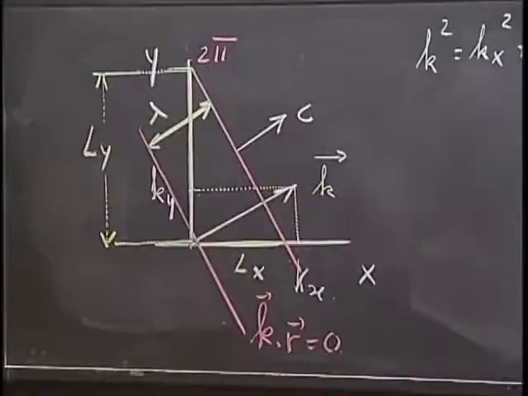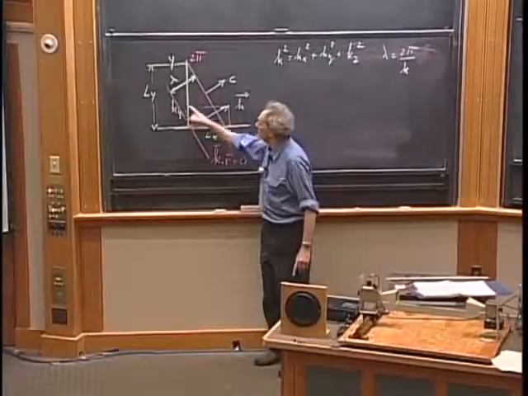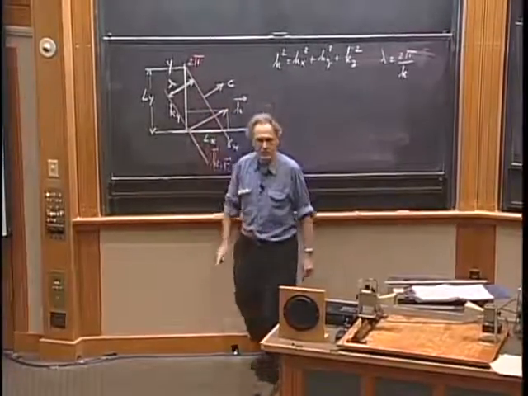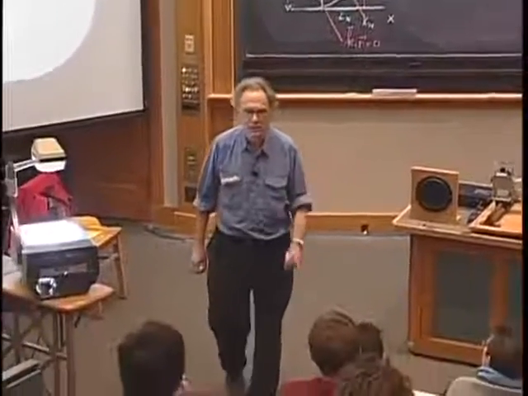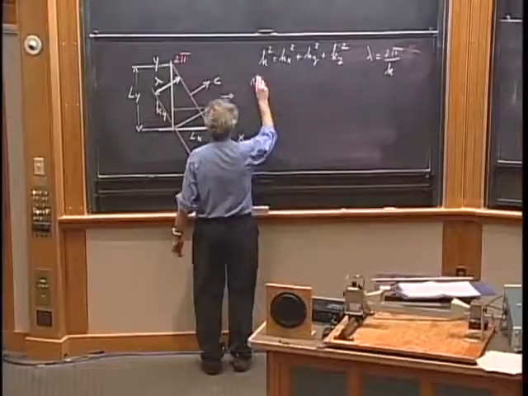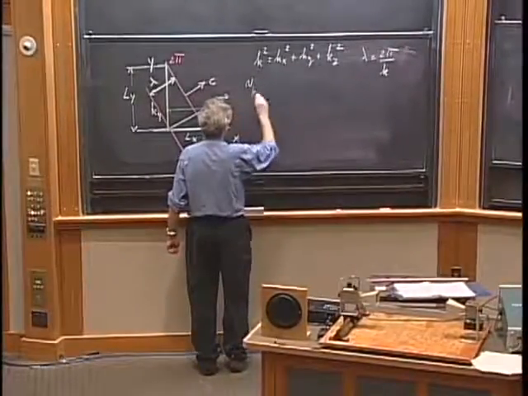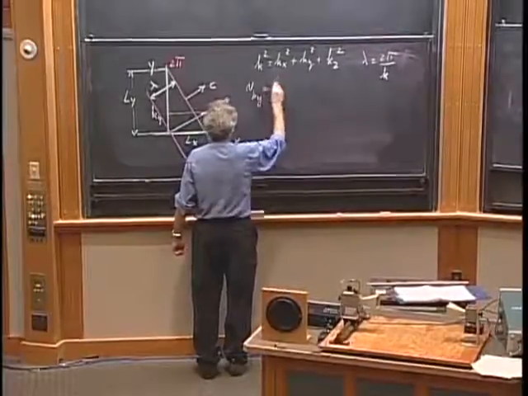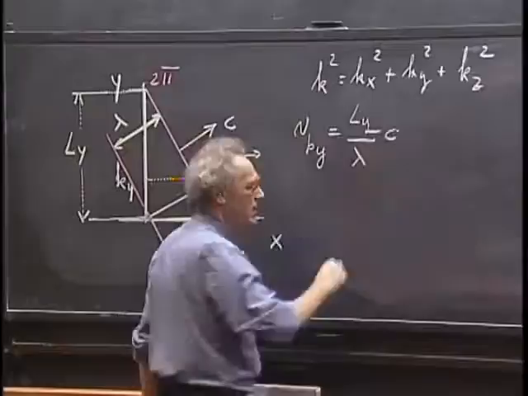How far has it moved in the y direction then? All the way from here to there. So its speed in the y direction is larger than c. And that speed, which we call the phase velocity in the y direction, is very simple: it is Ly divided by lambda times c.